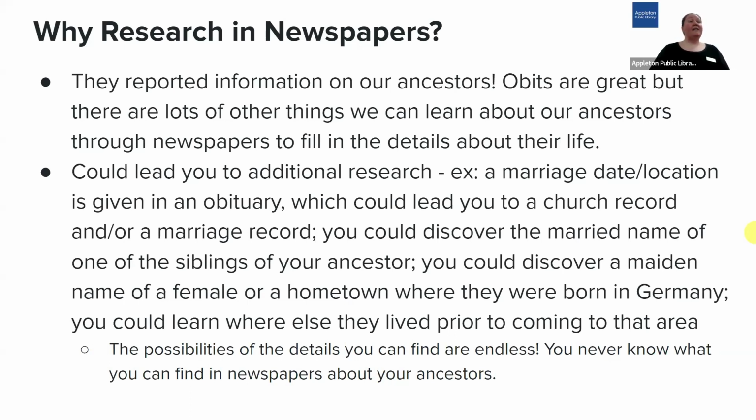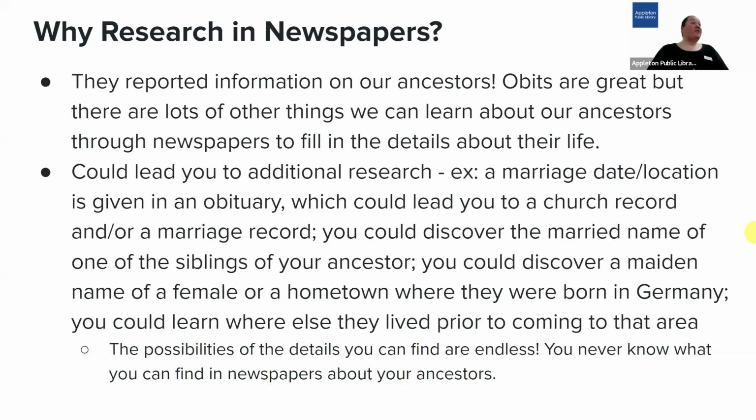Of course, finding your ancestor in the newspaper could also lead you to additional research. Maybe in their obituary or a newspaper article, you find their marriage date or where they were married. That's going to lead you to an actual marriage record, which might give you more information, like the names of their parents, if it wasn't in their obituary. Or maybe it's going to lead you to a church record.